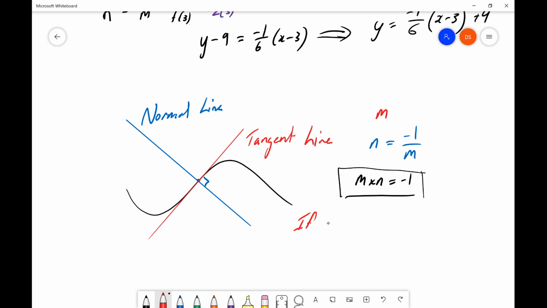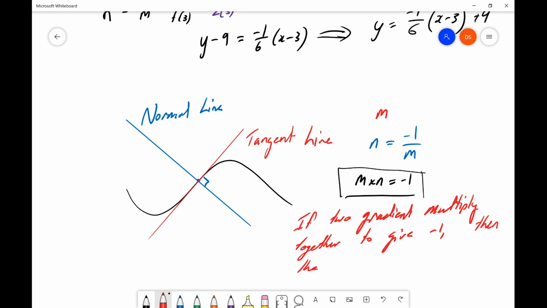If two gradients multiply together to give -1, then the two lines are perpendicular to each other.